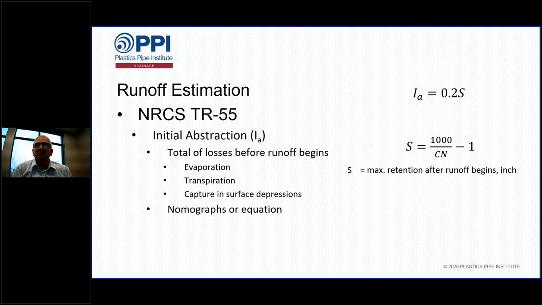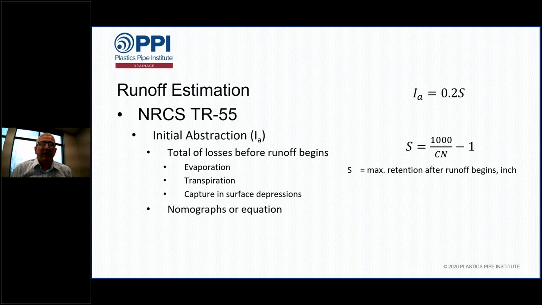Next concept with TR55, and bear with me here because I know these all seem like independent concepts, but they all tie back together at the end. So we have a concept of the initial abstraction. And basically the initial abstraction is your losses before runoff starts. So capture of water in surface depressions, transpiration, evaporation, all these things that happen before water starts running off. What you're trying to figure out is how much loss you have before you start getting runoff.